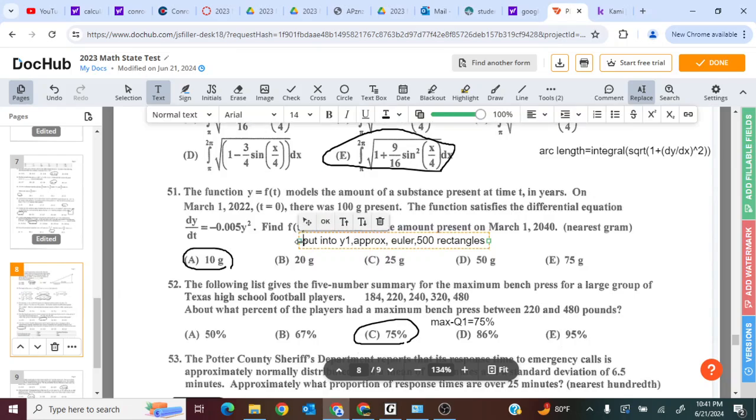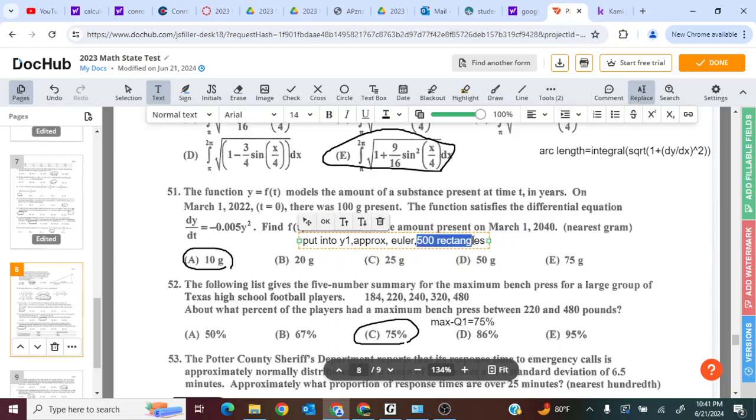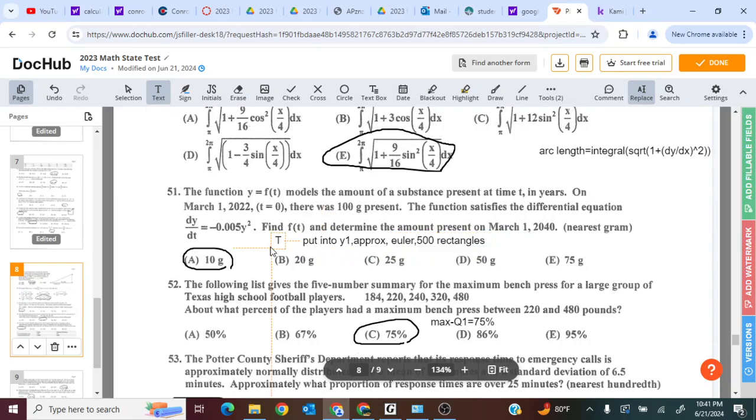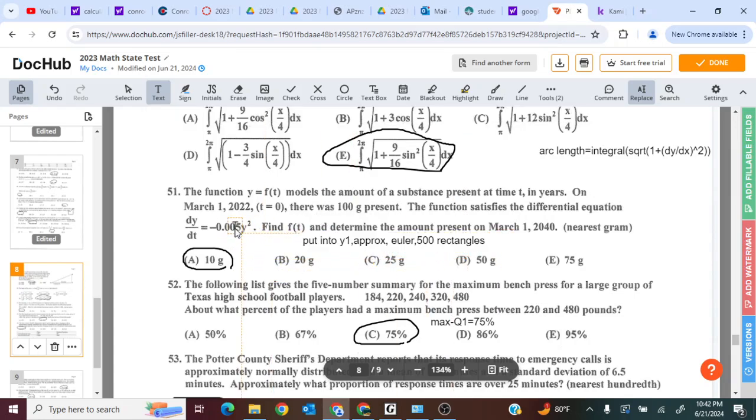So put this equation into y1, use Euler's approximation, with basically as many rectangles as your calculator can handle without taking 10 years. If you do that, you'll get like 9.98, which is pretty obviously 10. Basically, you're just approximating the actual answer, which is more than enough for this problem. Put this into y1, approx, Euler, you got it.